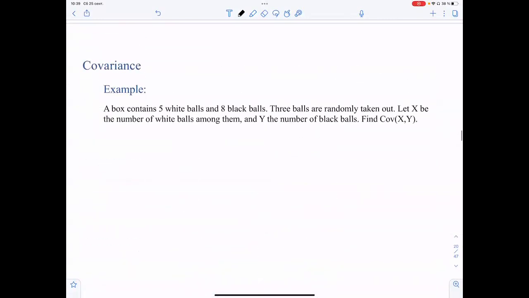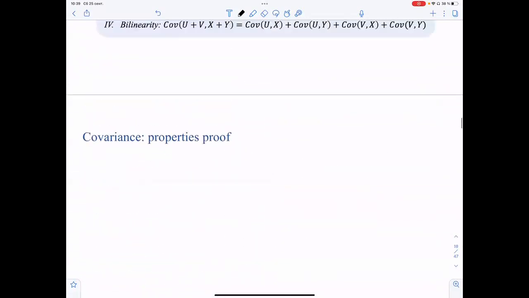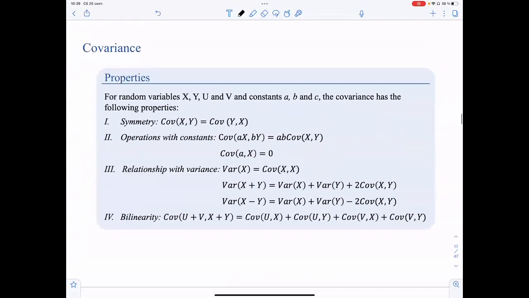Now let's go back to some of the properties. Well, covariance is a symmetric metric, and covariance of x, y is equal to covariance of y, x.